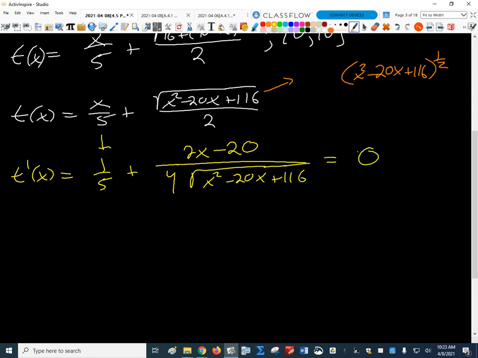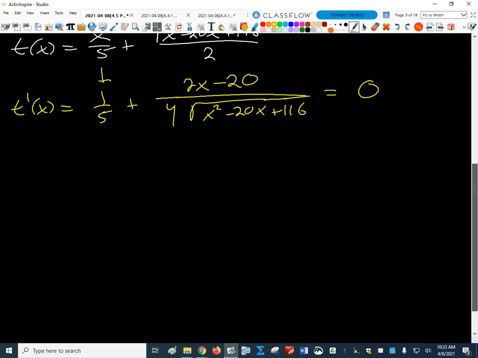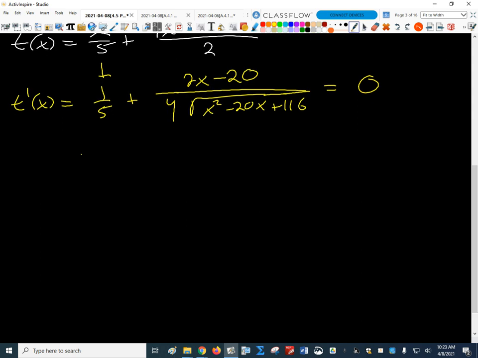Okay, so we could just maybe subtract this 1/5 to the other side. And we could do one other thing too. What if I factored out a 2 and divided by 2 here? So we make that a 2 and that a 10. Factor a 2 out and cancel.